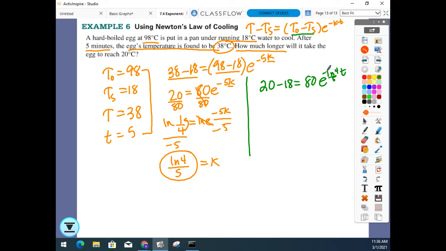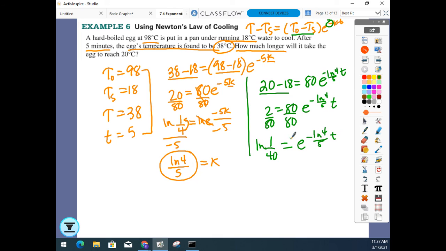Now, be careful, because this needs to be a negative to make it decay. So the constant's ln 4 divided by 5. We just have to make that whole thing negative. Okay, so I'm going to subtract this. And we can divide. ln, and for some reason I don't have this finished.